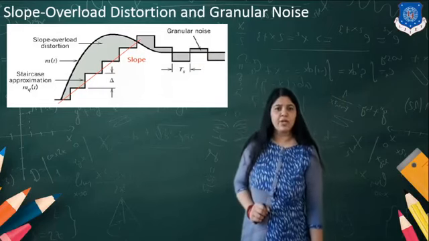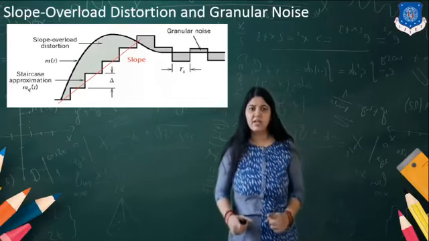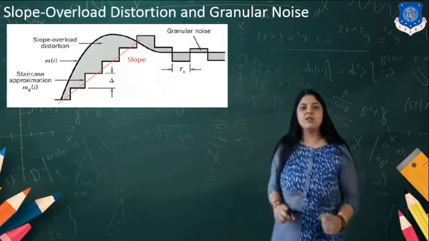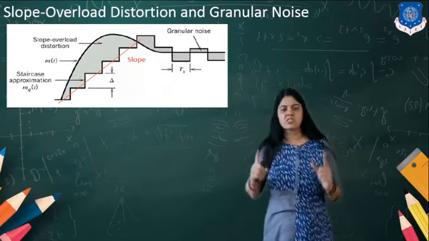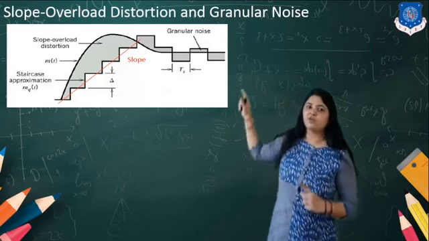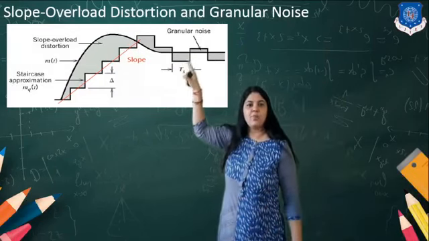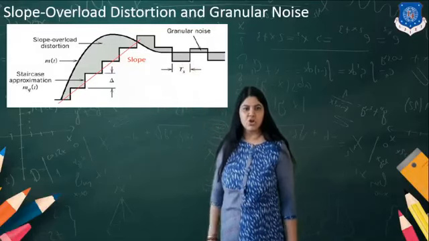And the slope overloading problem means the step size is constant and does not follow the variations in the input signal, so we don't receive the original signal. It won't follow the original signal.